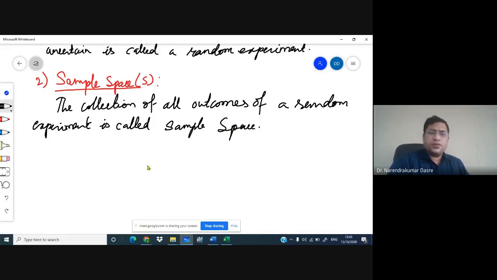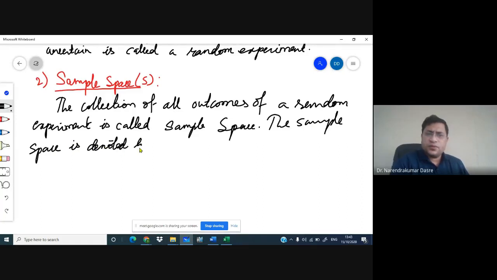The sample space is denoted by capital letter S.